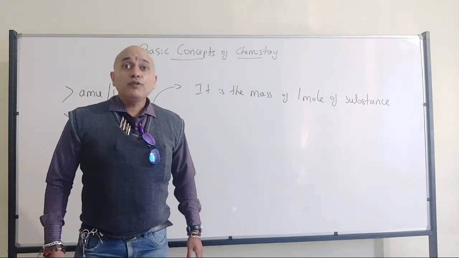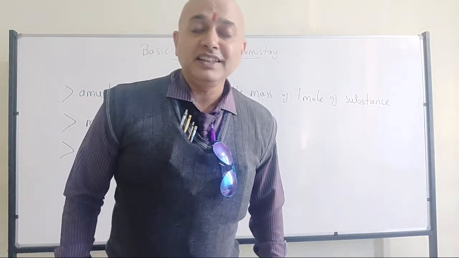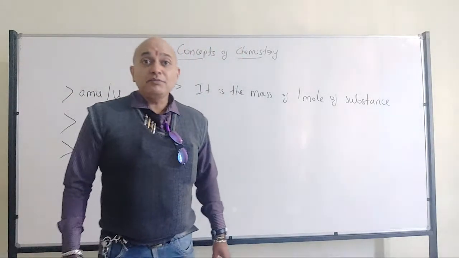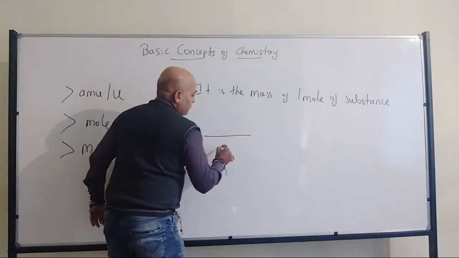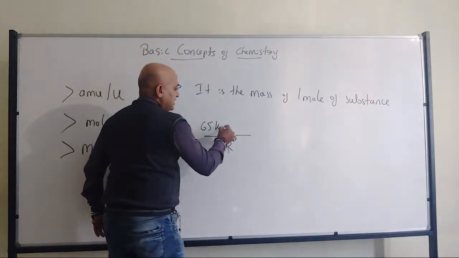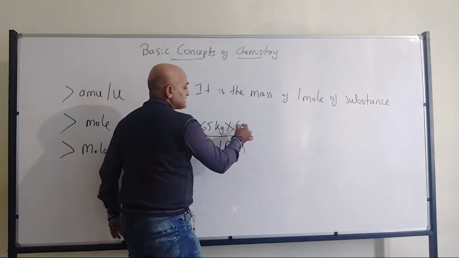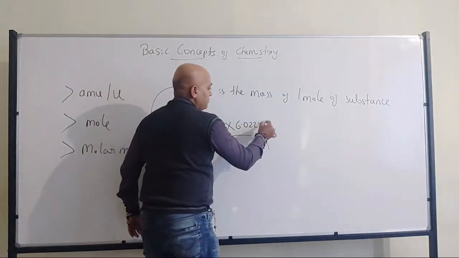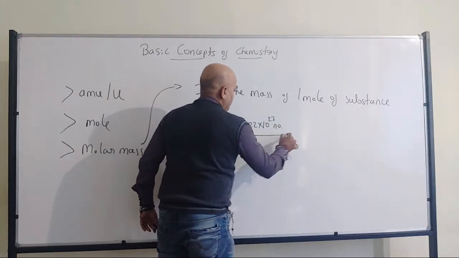If I take 1 mole of Raghavendra sir, oh, it's unimaginable. That means 1 Raghavendra sir will weigh 65 kg. In that case, 1 mole means 6.022 into 10 to the power of 23 number of Raghavendra sir.